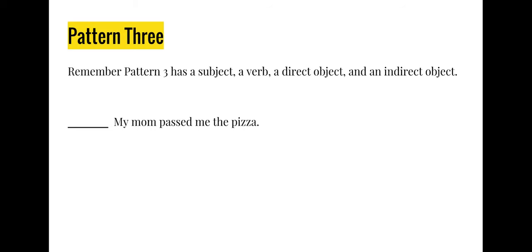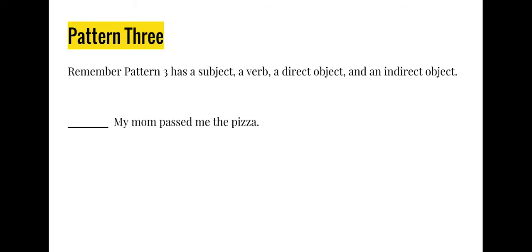That makes passed a VT, a verb transitive. Pass to whom? Pass the pizza to whom? Me. That is going to be our indirect object. The, article, adjective. Whose mom? My. Possessive pronoun adjective, also known as PPA.